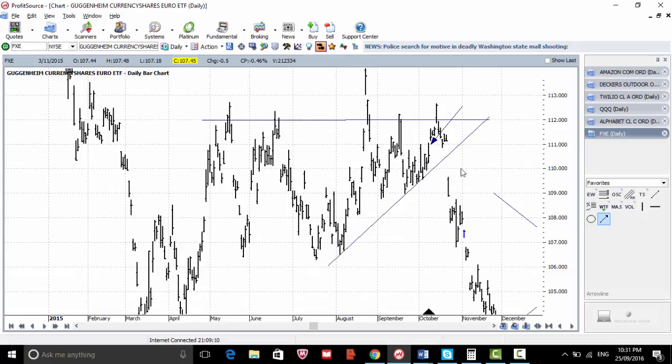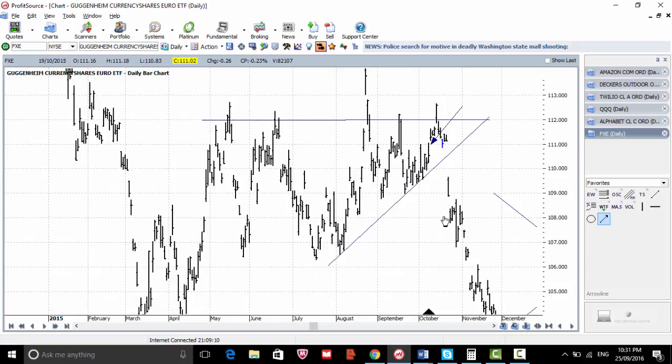Then when you get confirmation that the instrument has broken out in a particular direction, you want to take off the position that's not going to benefit from that move.